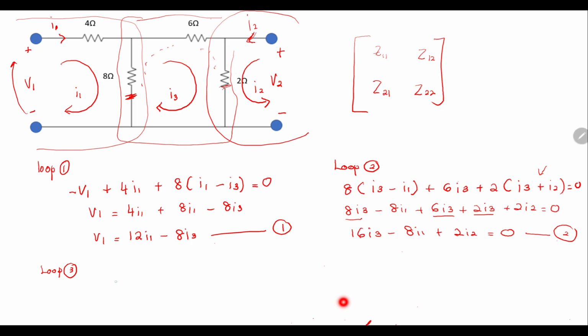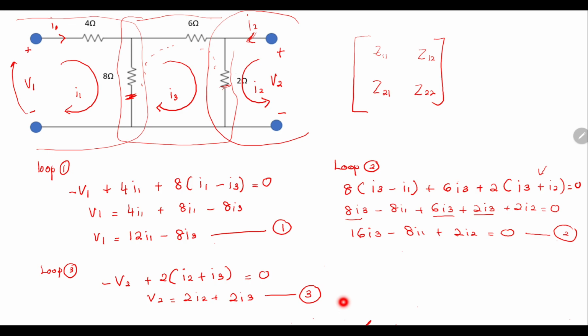So we're going to write negative V2 plus 2 times I2 plus I3 equals 0. So V2 is equal to 2I2 plus 2I3. So this is equation 3.